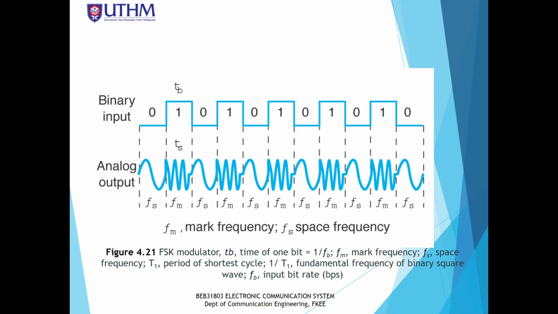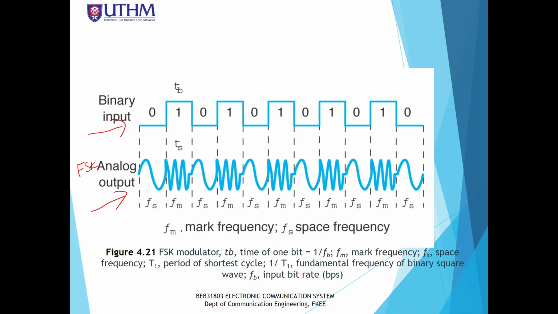So inilah bentuk FSK signal. Okay, so if you see that the above part is the binary input 01, 01, 01, and the output here, the analog output. So kita ada digital input, kita ada analog output. Okay, inilah dia FSK signal.